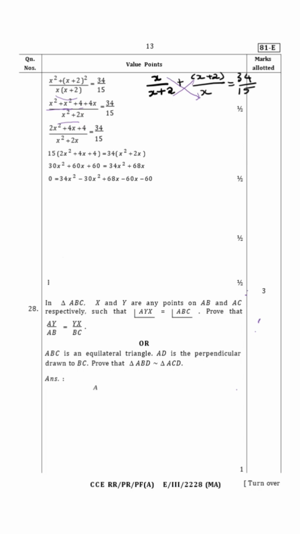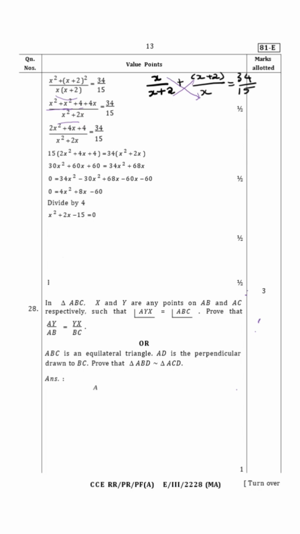Now let us simplify. 34x square minus 30x square is 4x square. 68x minus 60x is 8x, minus 60. Here we can observe that 4 is common, so let us divide the whole equation by 4. What happens? x square plus 2x minus 15 is equal to 0.